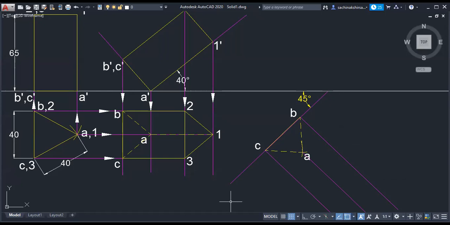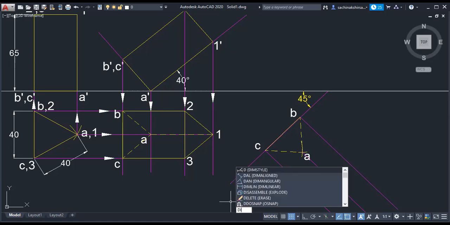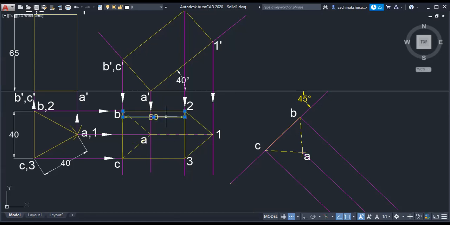The 45 degree line, BC. It should be perpendicular. Okay. What is the linear distance from B to 2? How much is it? 50. Okay, 1 mm we can understand.